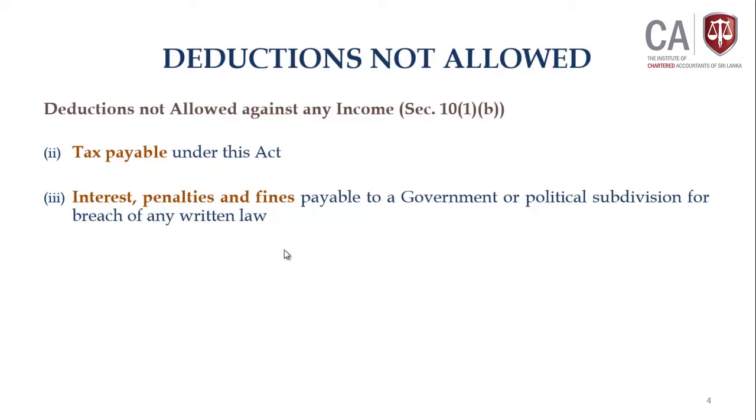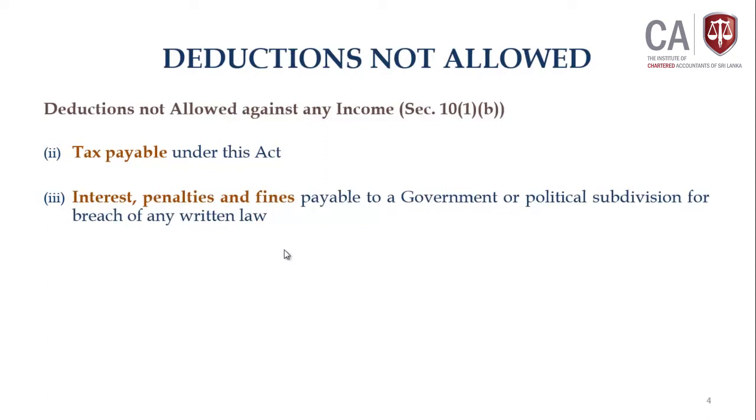If you incur this expense due to breach of law, payable to the government, and you are going to allow that one, that means we are trying to encourage that sort of thing, no. So, it is not incurred in the production of income, but nevertheless, section 10(1)(b) clearly specified this expense, you can't claim for income tax purposes.